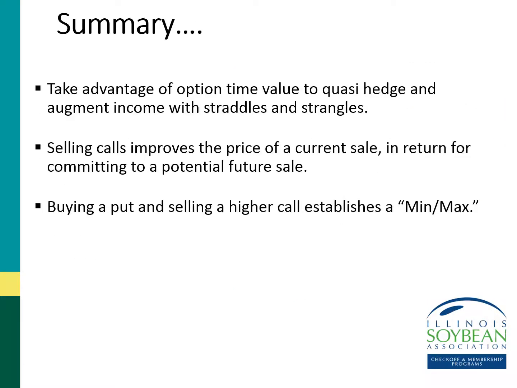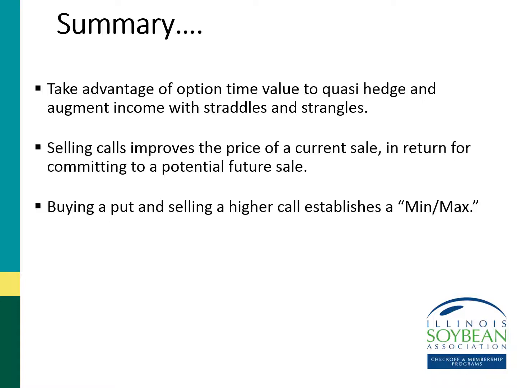So in summary, what we're really trying to do here is take advantage of option time value to either quasi-hedge, as we did with the straddle, where it does function as a hedge in a stable or rising market but gives us limited downside protection, or just augment income with the strangles, where we sell a range and say, I think we'll be above this price and below that price, and collect something to augment sales, perhaps help augment basis.